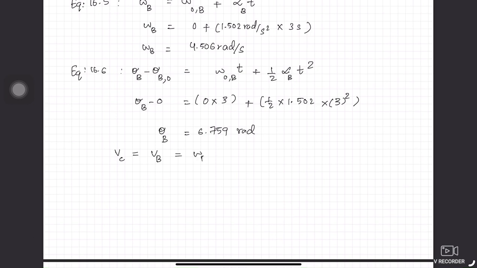So it's omega B times r_B, which is 4.506 radian per second times 0.225 meter, equal to 1.014 meter per second.